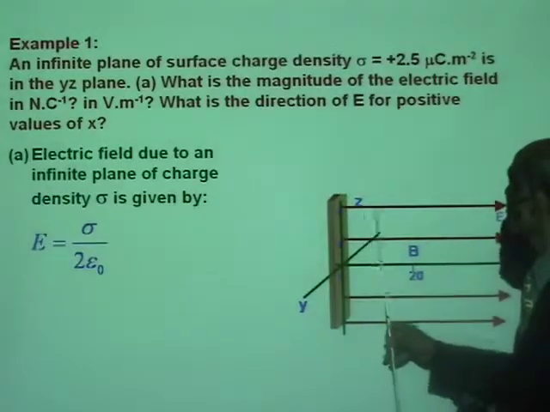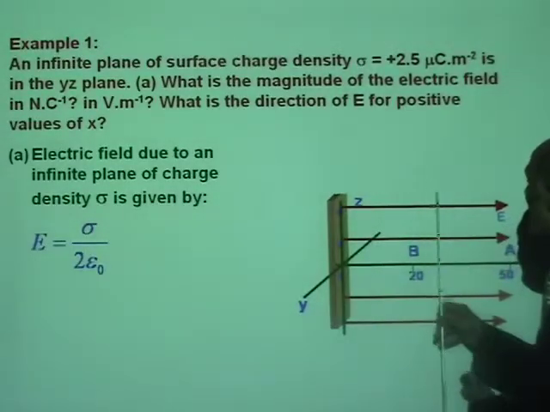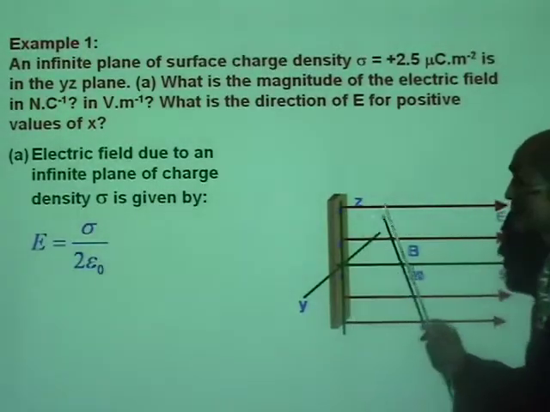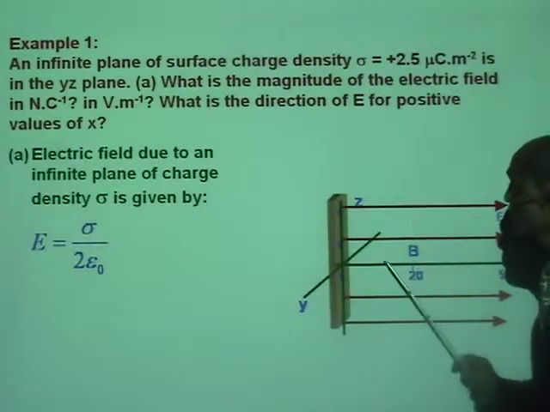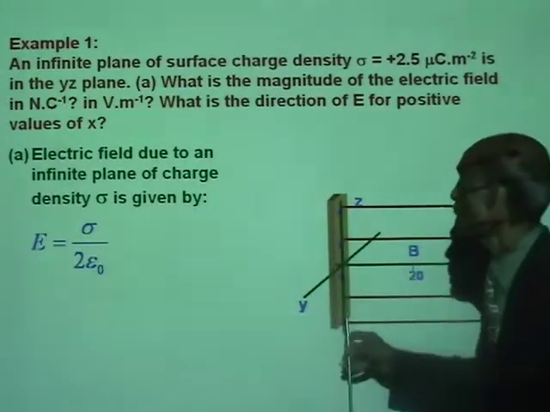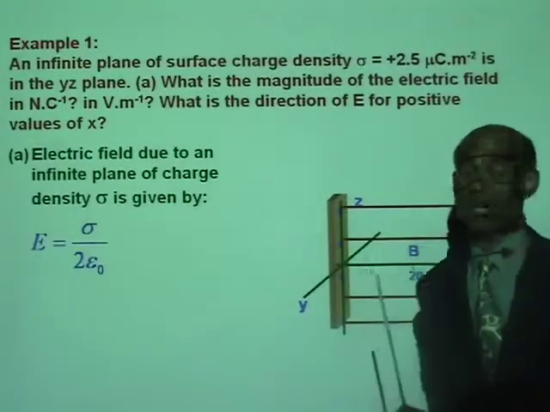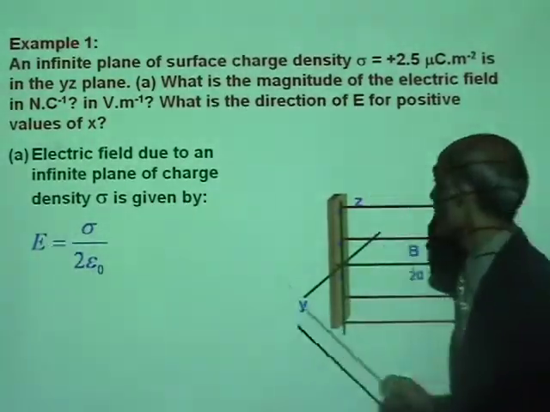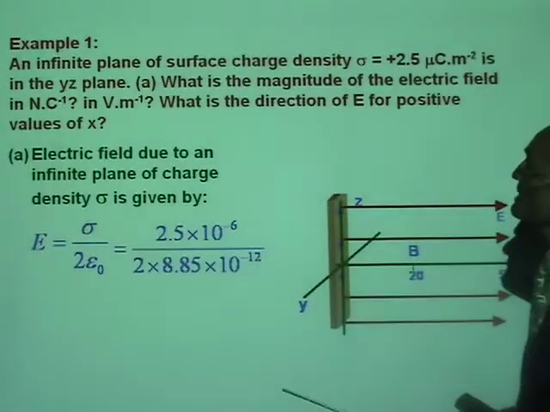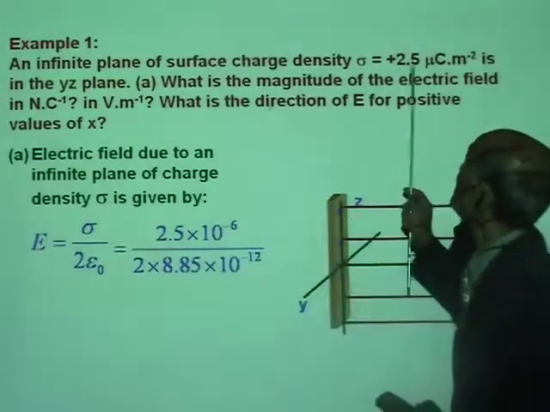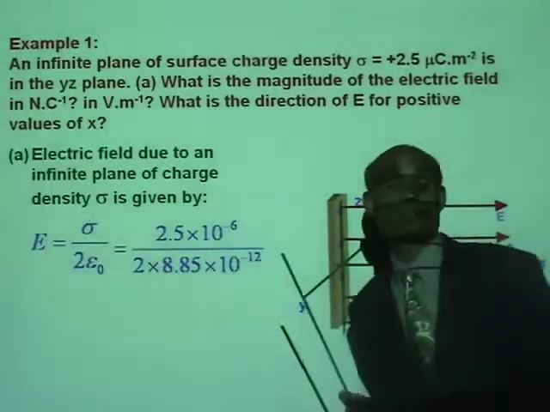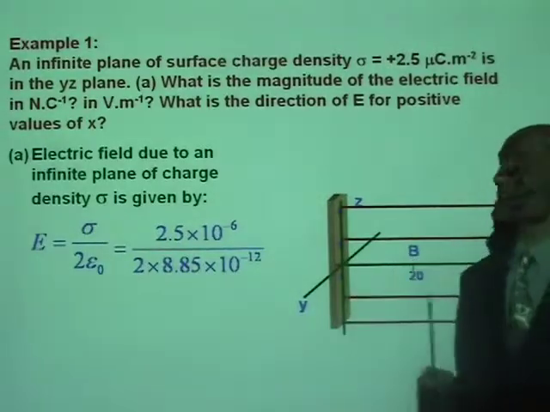That means the value of this electric field anywhere here will not be different when you move from place to place. Why? Because this is an infinite plane charge. So the electric field is sigma over 2 epsilon naught. Sigma is given to us. Epsilon naught, we know, we always carry it with us.